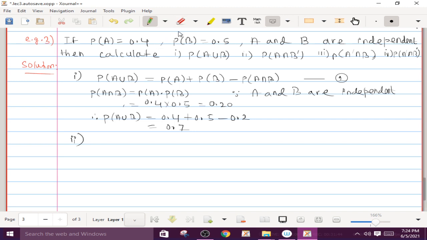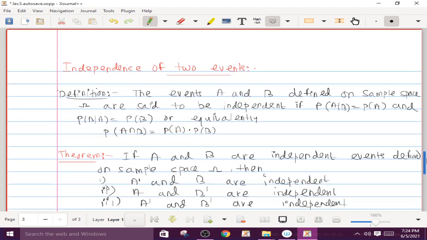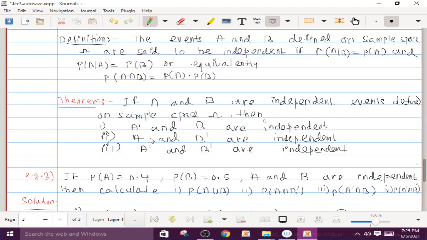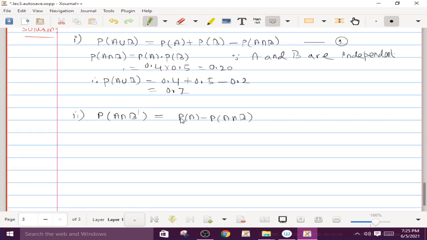Probability of A intersection B complement. Okay, here we can compute probability of A intersection B complement with this formula also, that is probability of A minus probability of A intersection B. So we can find it this way too, and the result we mentioned here is that if A and B are independent, then A and B complement are also independent. Using both results: probability of A intersection B complement is equal to this one.